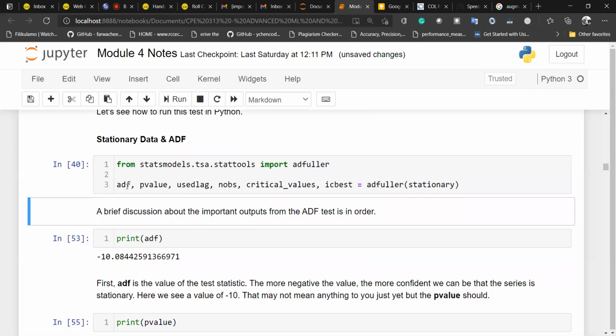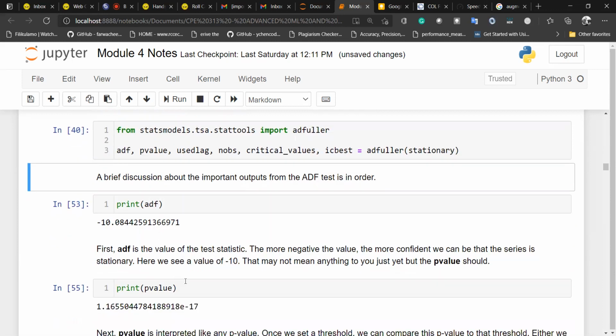For example, if you want to print the ADF, so ADF is the value of the test statistic. So that's the augmented Dickey-Fuller test value. The more negative the value, the more confident we can be that the series is stationary. So you can see here, this is around -10, therefore we can say that the series is stationary.